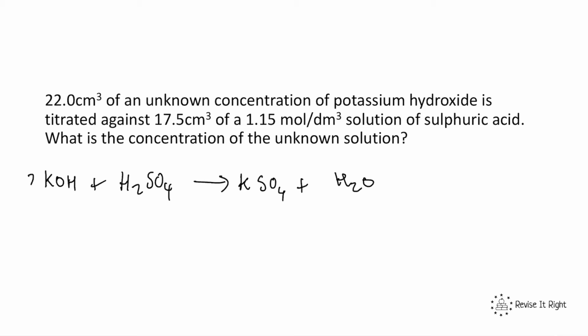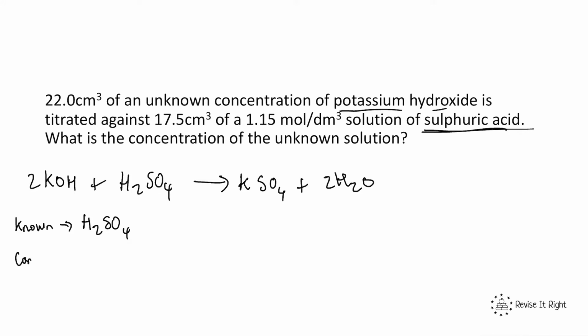So to balance it, this is the balanced equation here. So the next step, we need to write the figures down for what we know. So again, I'm going to write known. So potassium hydroxide is unknown, and therefore this time the known is the sulfuric acid. That's what we know. So we're going to write that here, H2SO4.